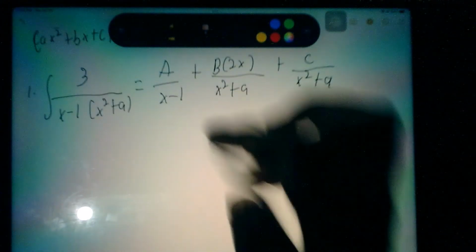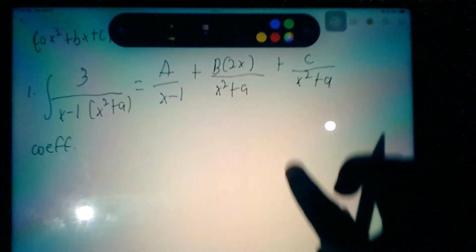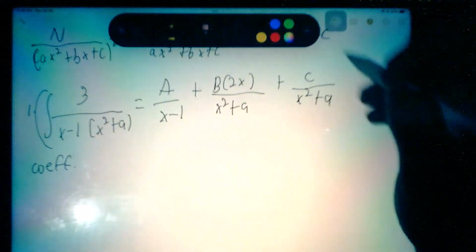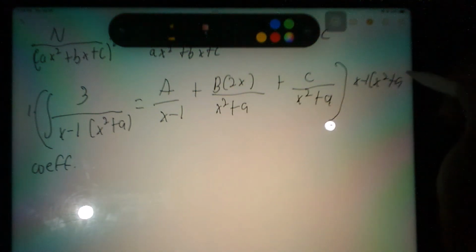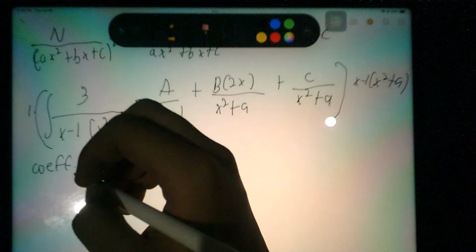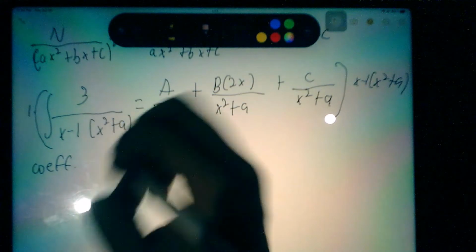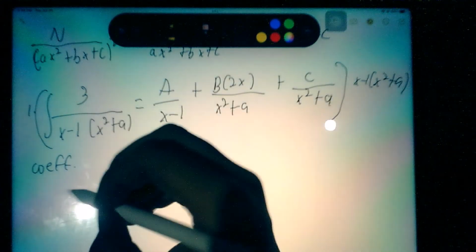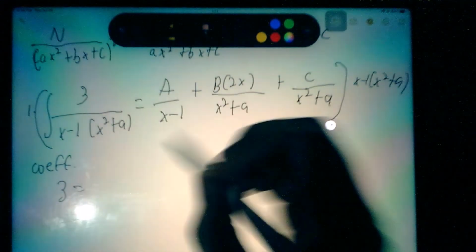Now by using the coefficient method, we need to find first its LCD, which is just x minus 1 and x squared plus 9. So with the 3 here, by multiplying, this will cancel each other out.